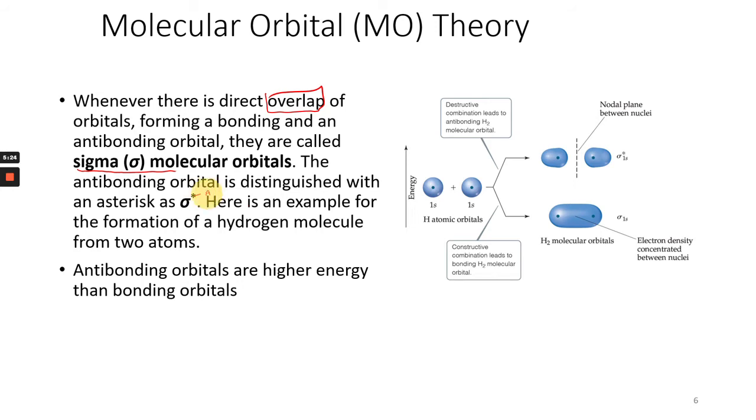This star means antibonding. And here's an example for hydrogen. Remember, your antibonding is a higher energy. Notice it's labeled here. How do we label them? Sigma 1s, sigma 1s star for antibonding. Why 1s? The electrons coming here are from the 1s. This is for the bond between the two hydrogens.